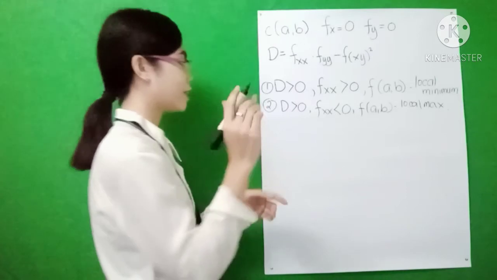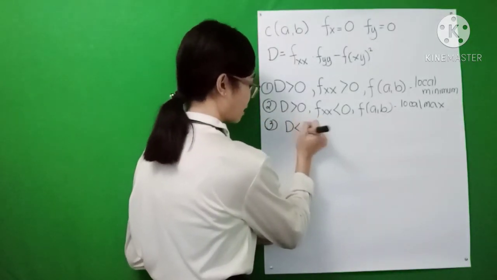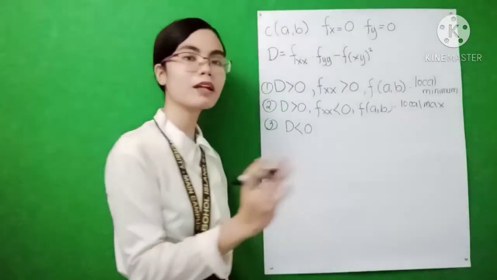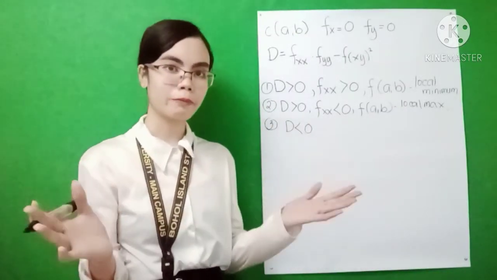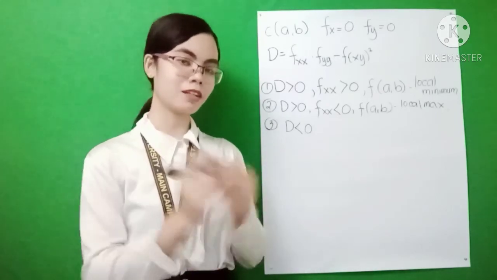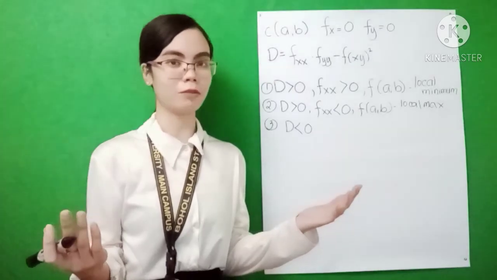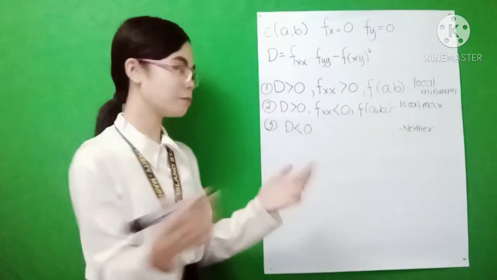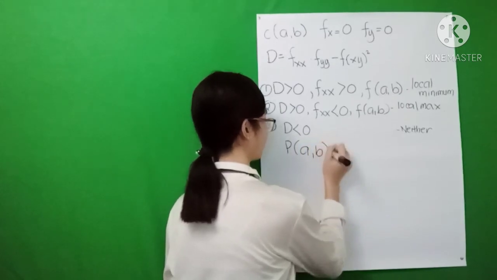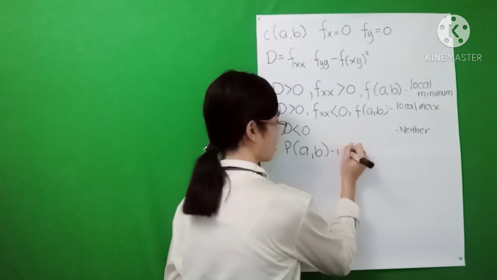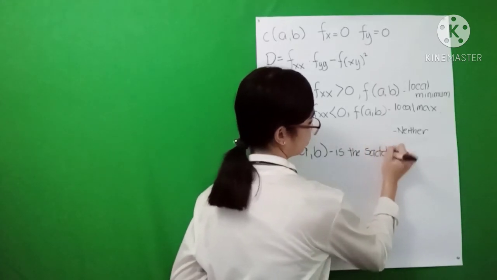However, in the third case, if D is negative, no matter what the value of f double x is, the function at a and b is neither a local maximum nor a local minimum. But the point a, b is the saddle point.